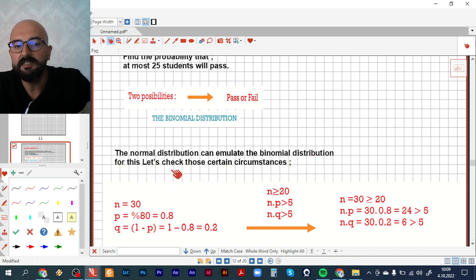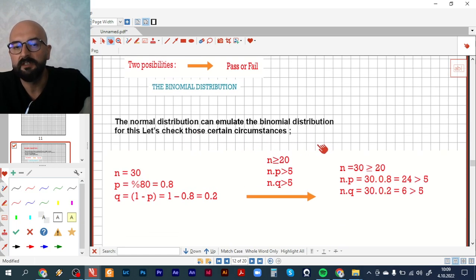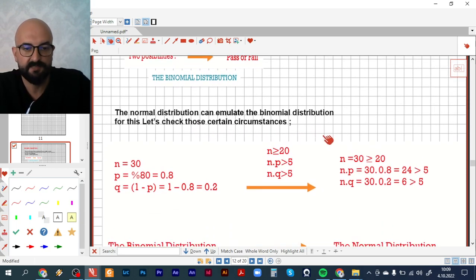For this, let's check those certain circumstances.